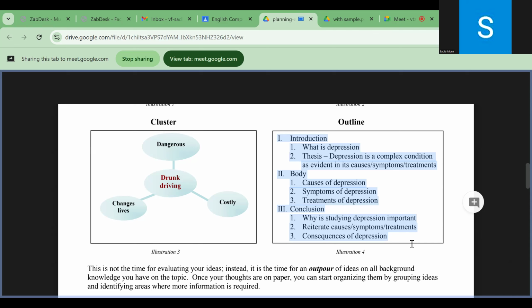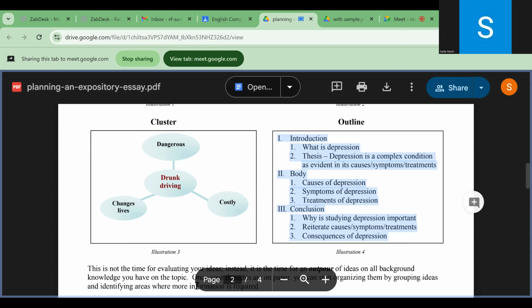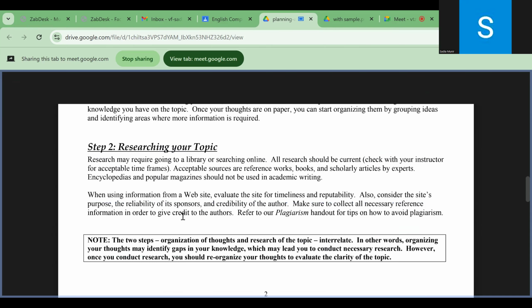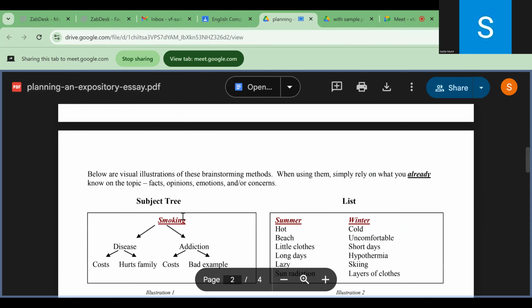So first we can explain what depression is, then we can say depression is a complex condition as evident in its causes, symptoms, and treatments. So we have three perspectives to incorporate in our body paragraphs. First is causes, second is symptoms, and third is treatments. And then we have the conclusion, which is the restatement of our thesis statement and introduction itself. Then the second step could be researching your topic.